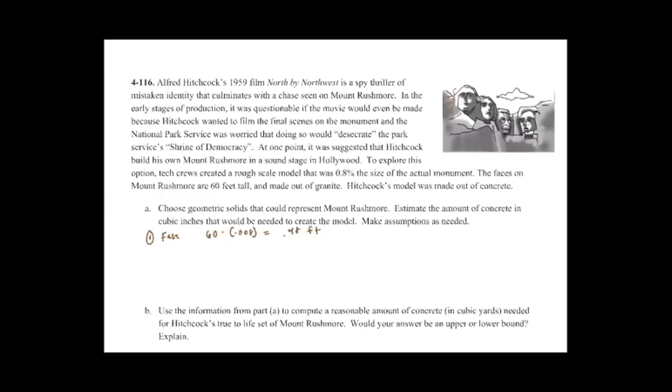This is 4.5. 0.24 squared times 2 times 4 divided by 3 times pi is 0.48 cubic feet.